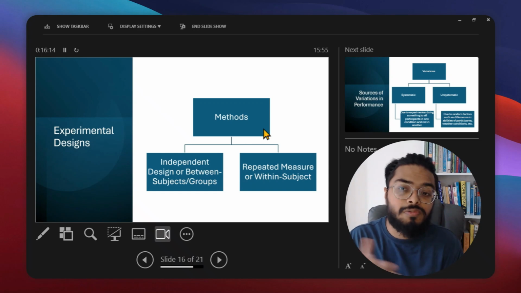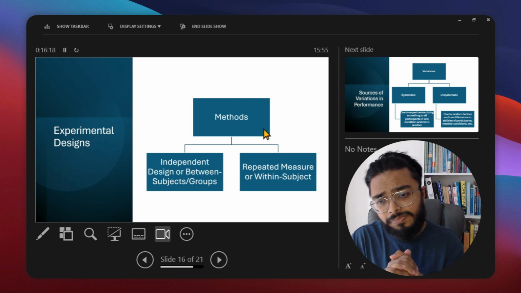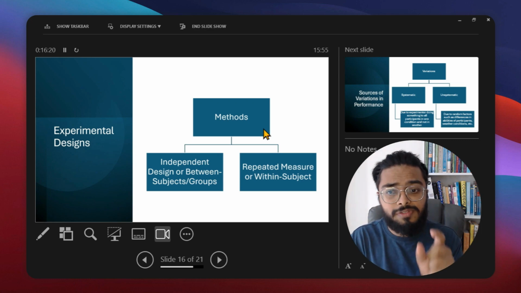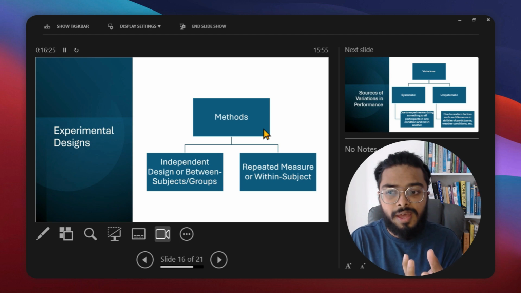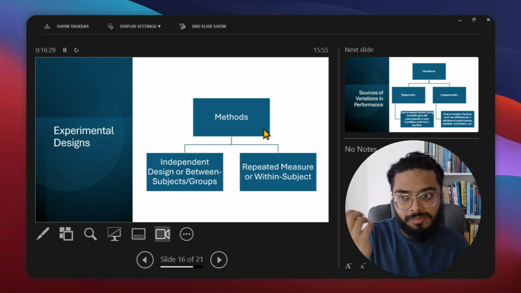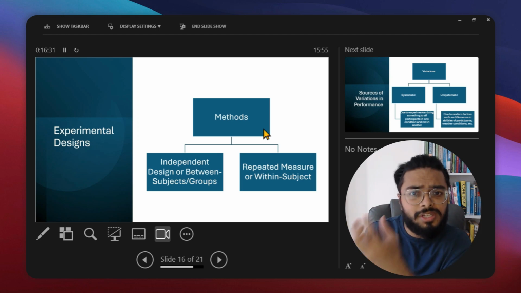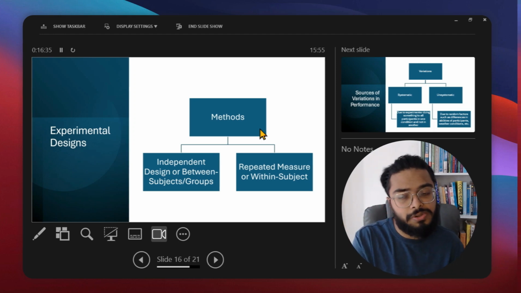So we need to do some statistical test for that or some other form of test. But the point is that in repeated measures you have only one group of subjects, and in independent design you have multiple groups, right? It can be CBT and placebo, it can be CBT, ACT and placebo, whatever. Okay, same thing here.